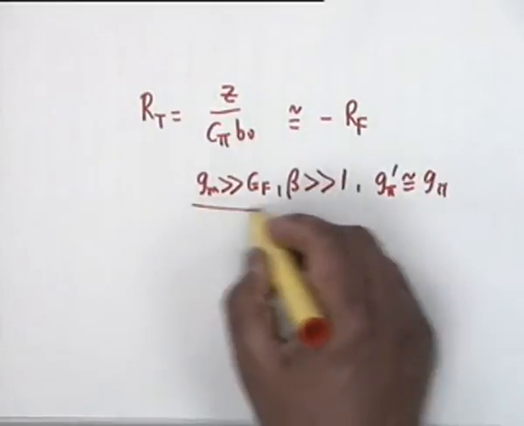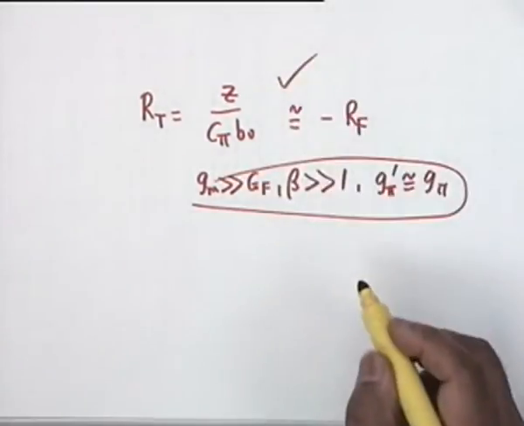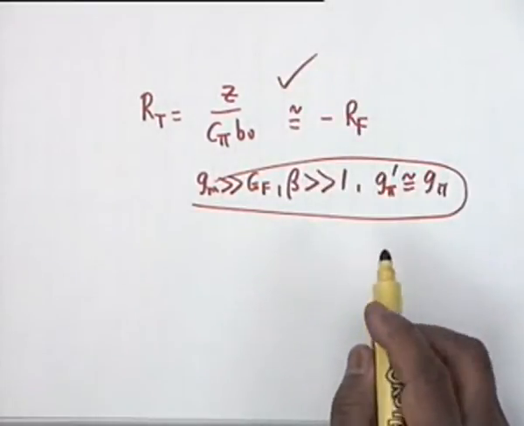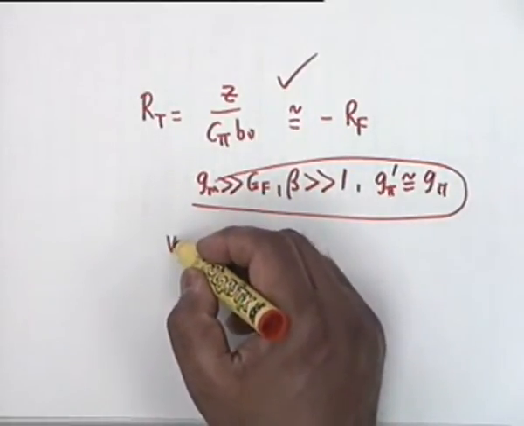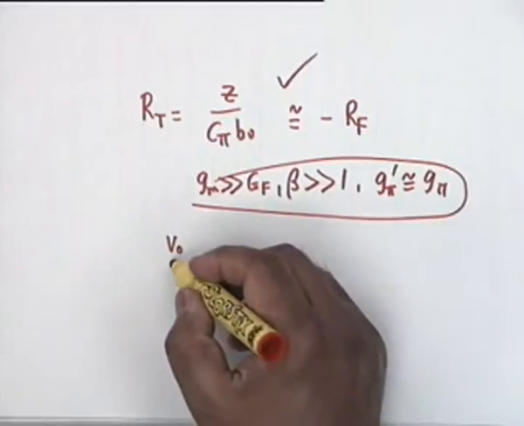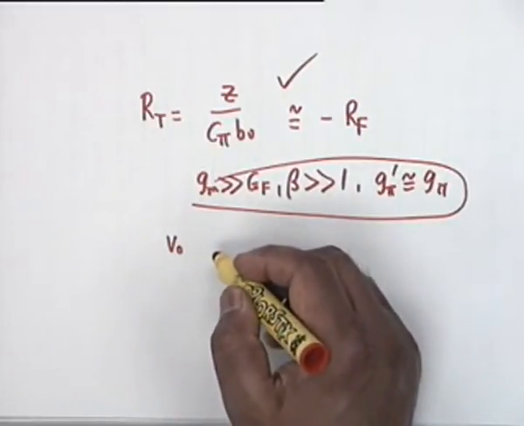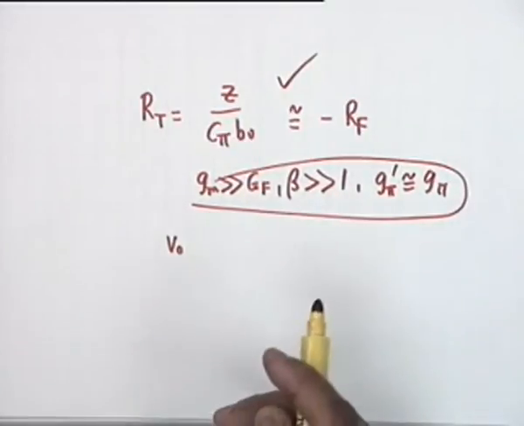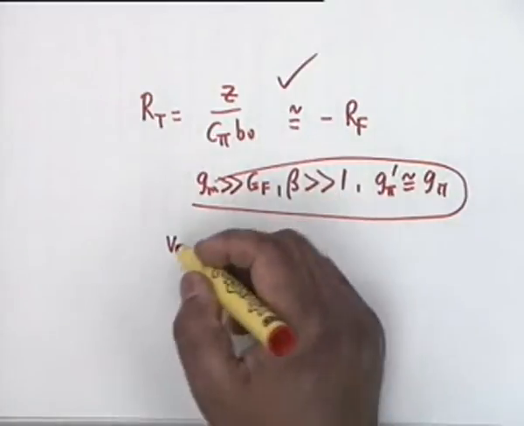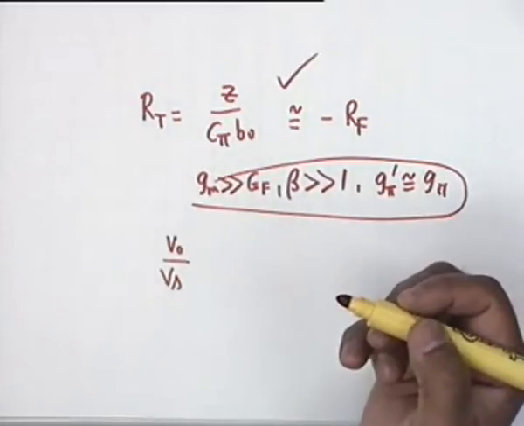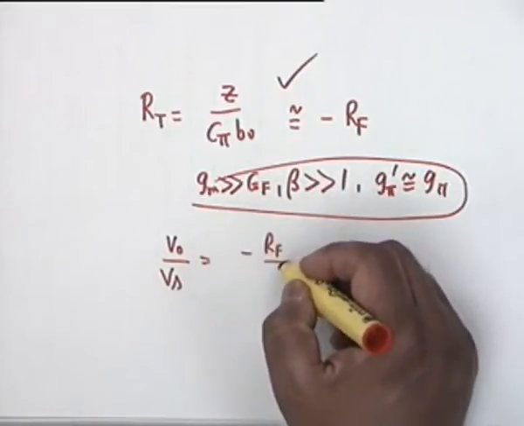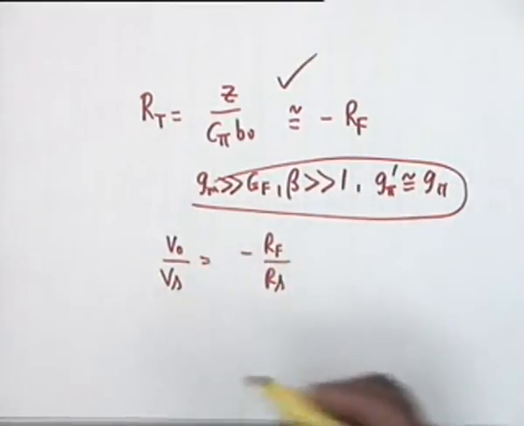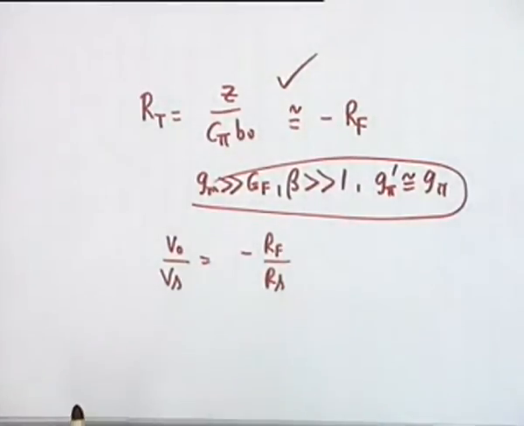These are the assumptions under which RT is equal to this, and we had also interestingly found out that if we calculate V0 by Vs, then this is equal to minus Rf divided by Rs, which was comparable to an op amp connected in the inverting configuration.